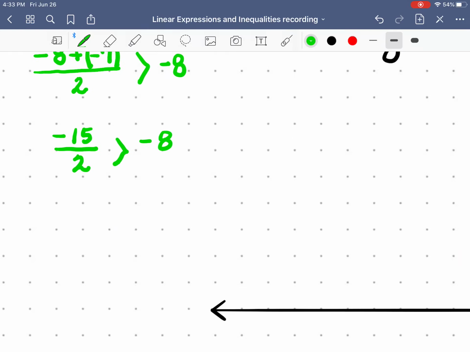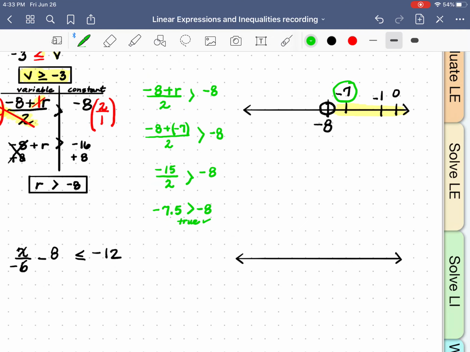Well, negative 15 divided by 2 is negative 7.5, and that is greater than negative 8. Negative 7.5 is closer to 0 than negative 8. So that is a true solution. Again, this is the checking part.